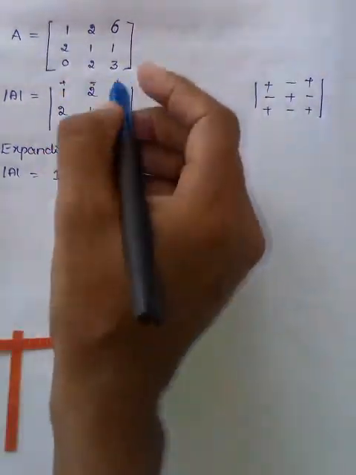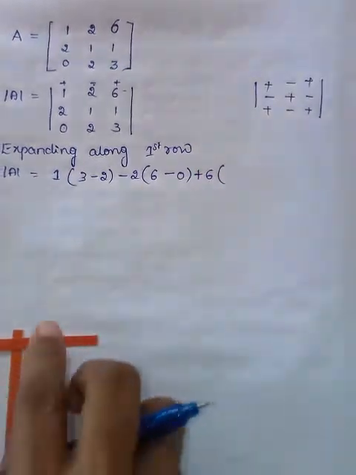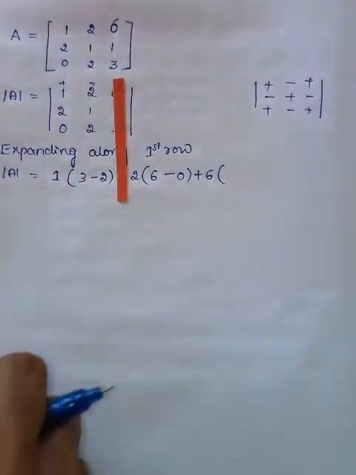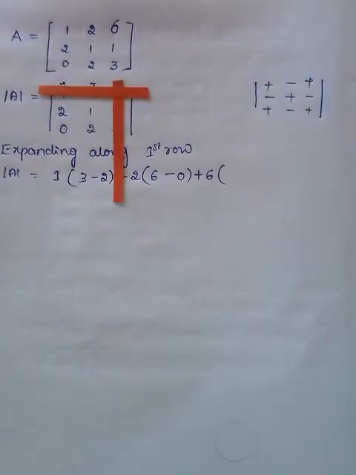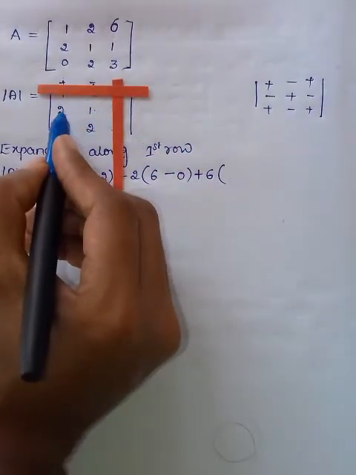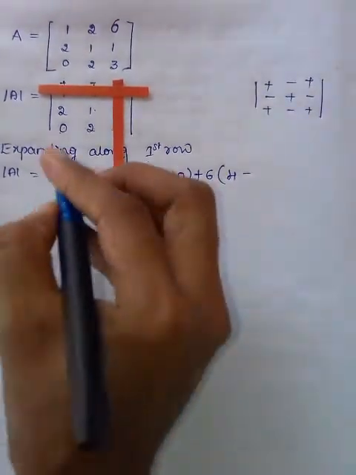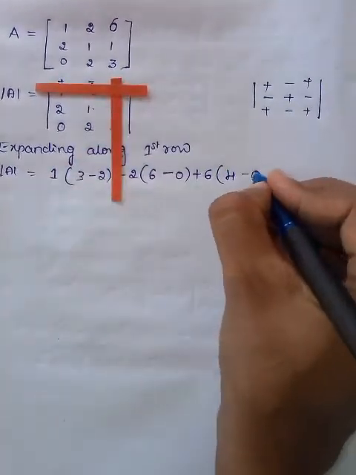Then the sign is plus, 6 into, delete this column and this row, again a second order determinant. Take the determinant of 2, 1, 0, 2. The determinant is 2 into 2 4 minus 0 into 1 0.